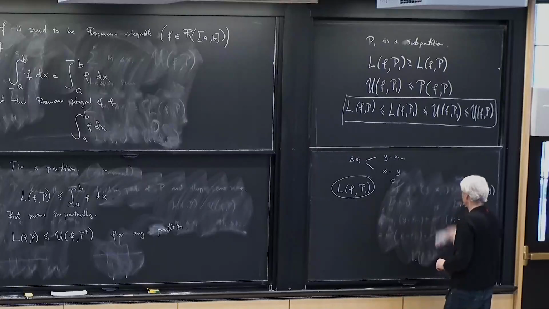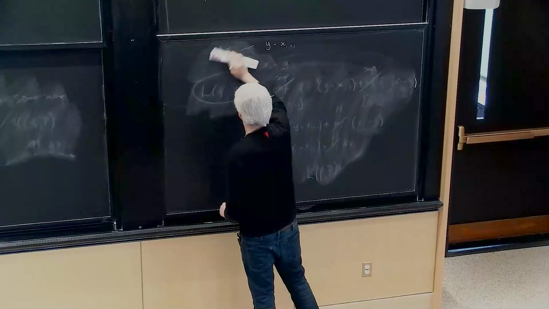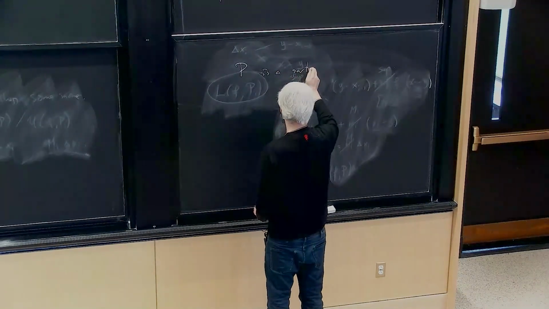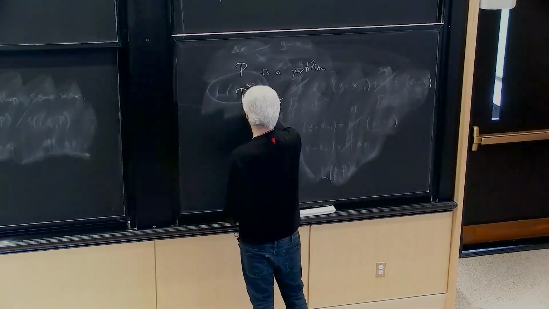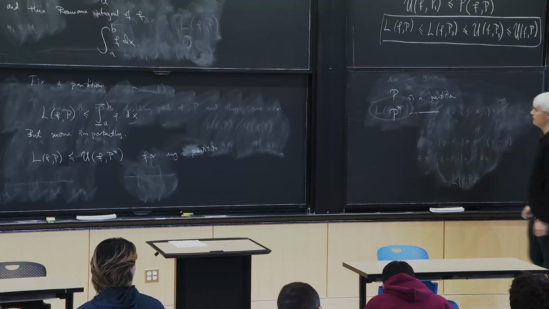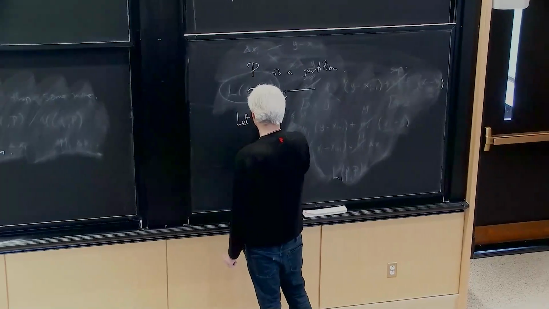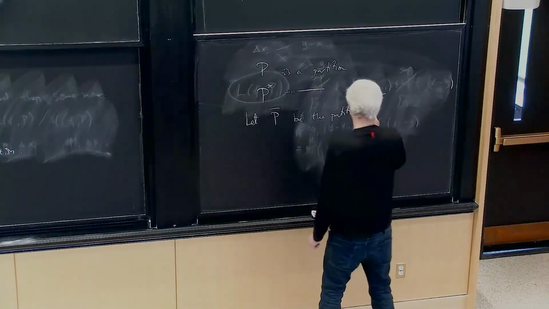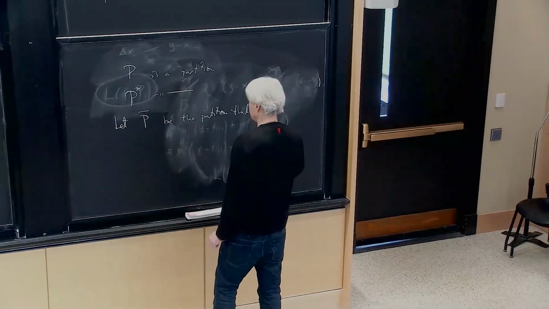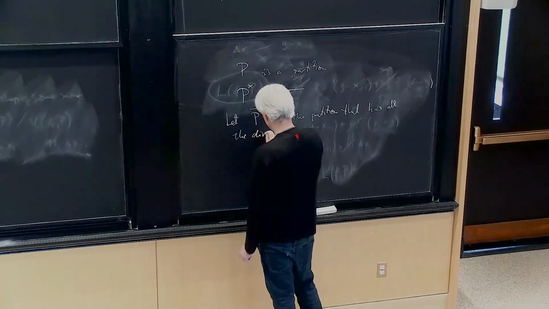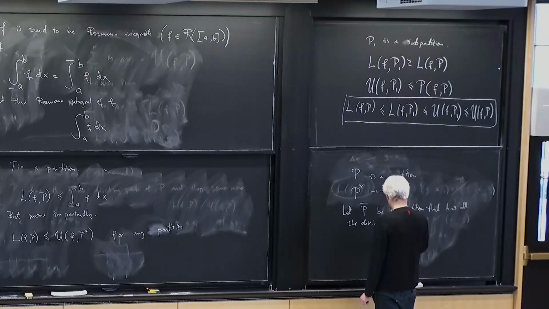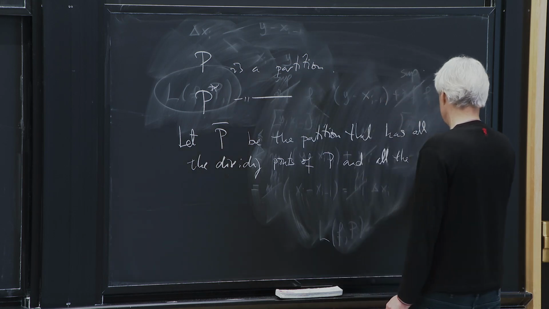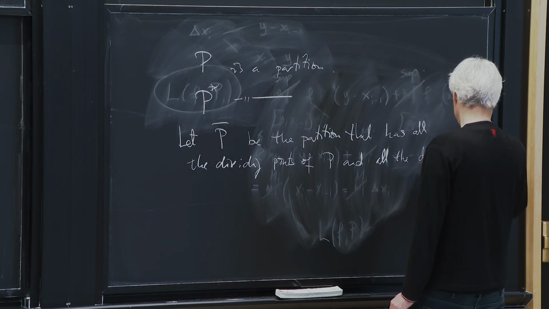So let's see. If P here is a partition, and P star is a partition, then you could take a partition, so let P bar be the partition that has all the dividing points of P and all the dividing points of P star.